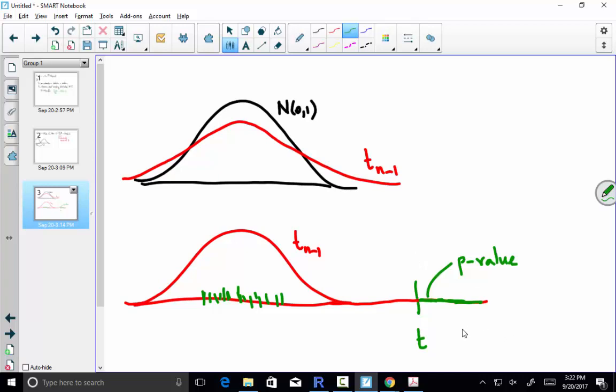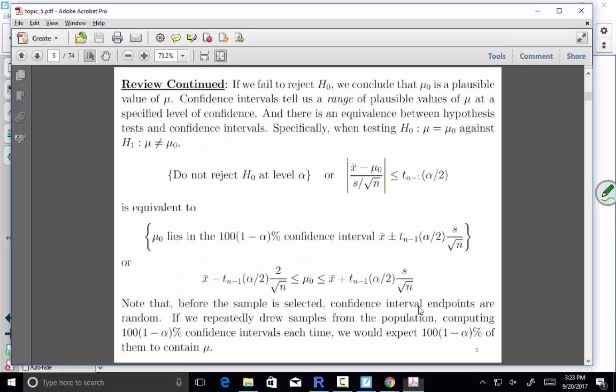And then we ask, where is my test statistic relative to that sampling distribution? I'm going to reject the null hypothesis or change my mind if my statistic is sufficiently far in the tails of that sampling distribution. So here we have to decide how far is sufficiently far.